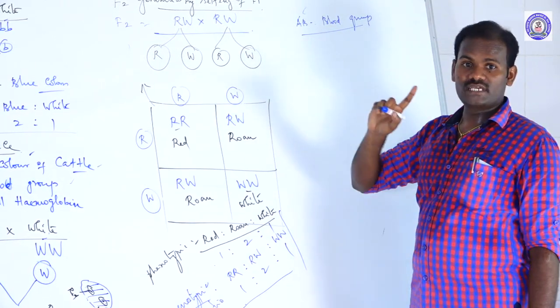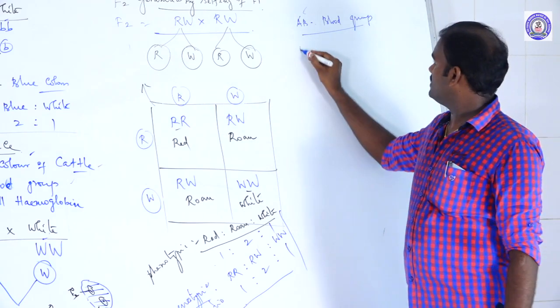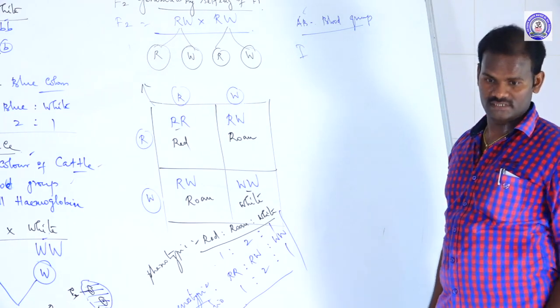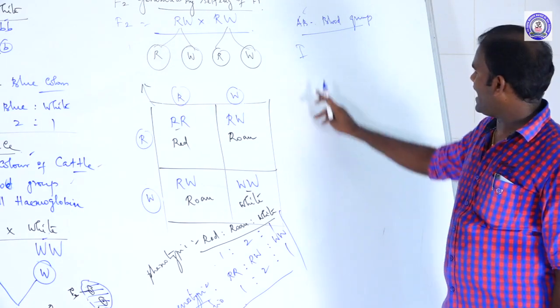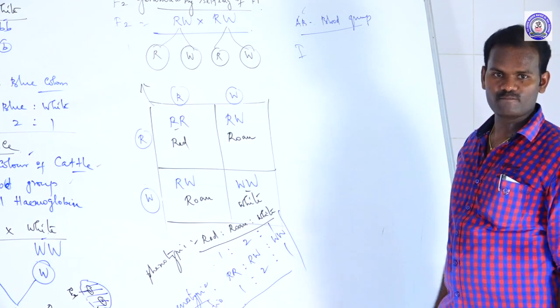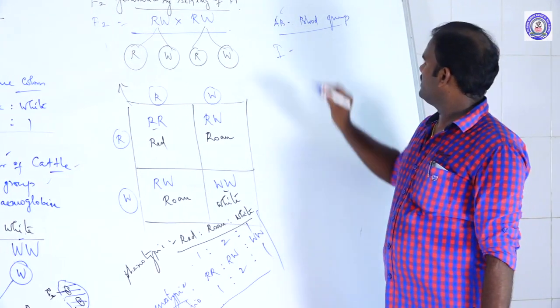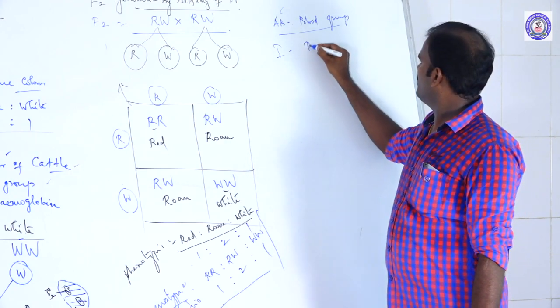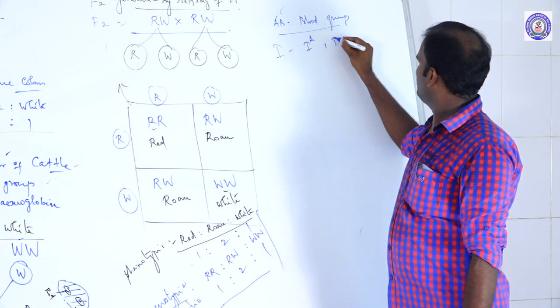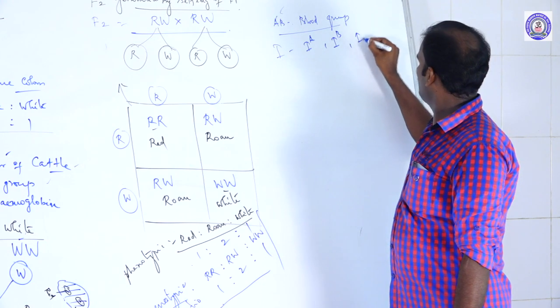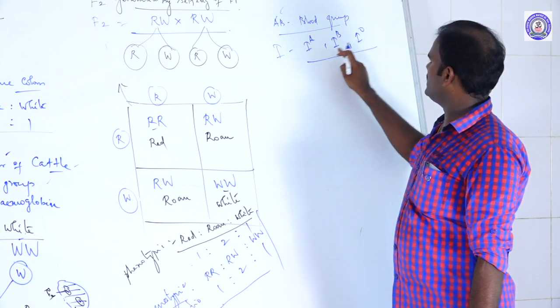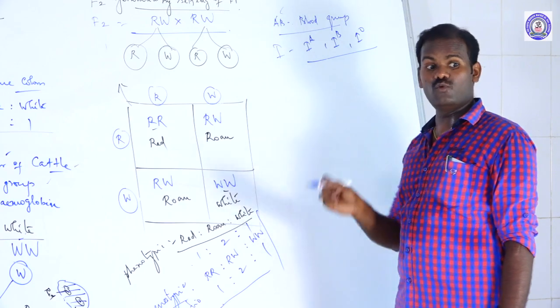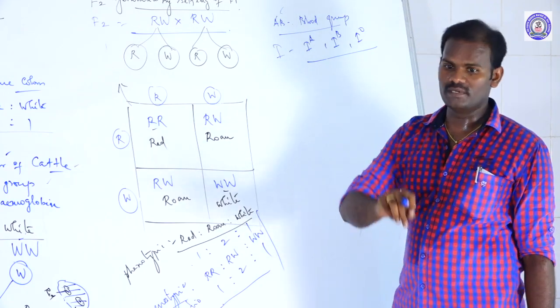Human blood group is controlled by the gene called I, I mean isohemagglutinin. The gene produces three alleles: IA, IB, IO. These three alleles control the ABO blood group in human beings.